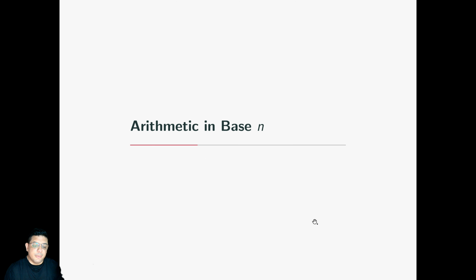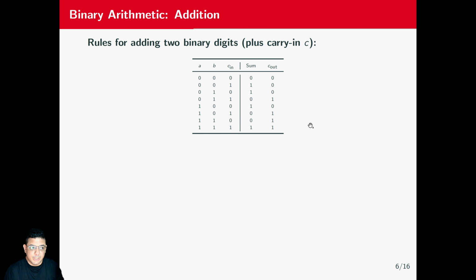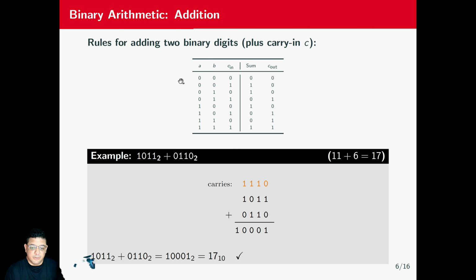All right, so now let's talk about arithmetic in base n. The rule for adding binary digits is that we get a carry when a sum of 1 plus 1 happens. Let's check binary digits here. If we have a and b coming in, the sum is going to be 0, and what we have coming out is going to be 0 as well.